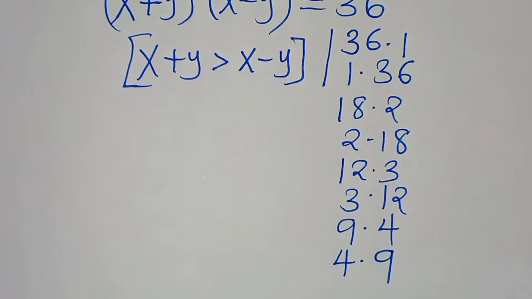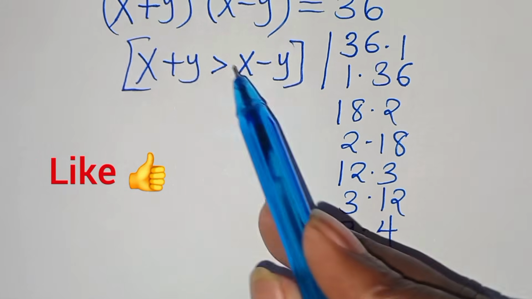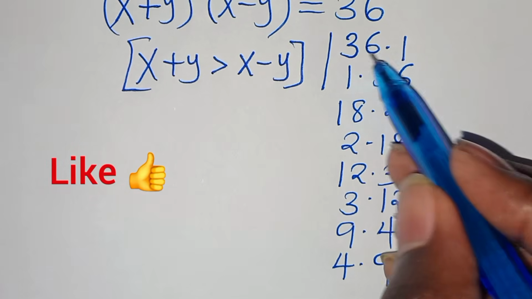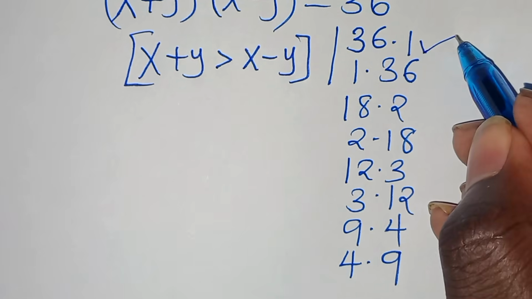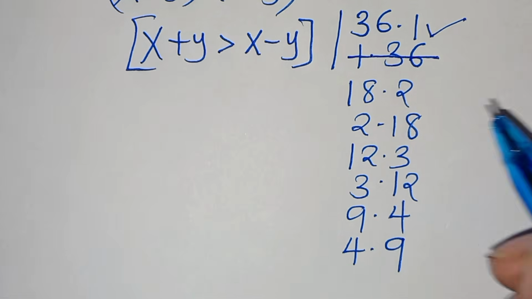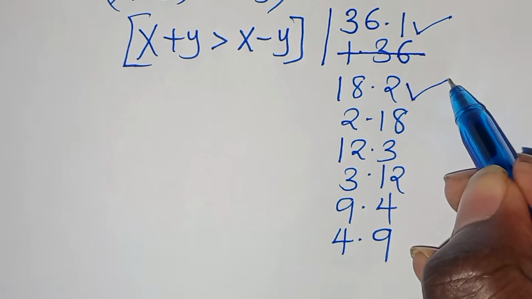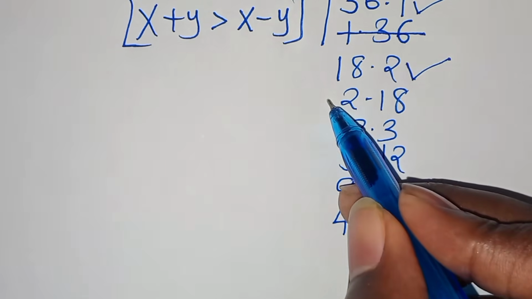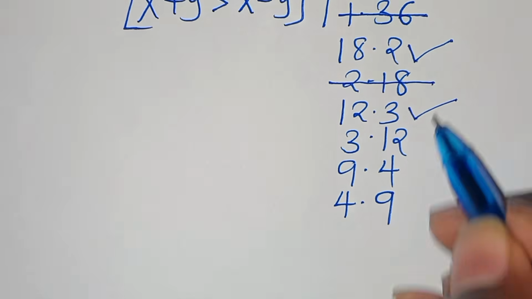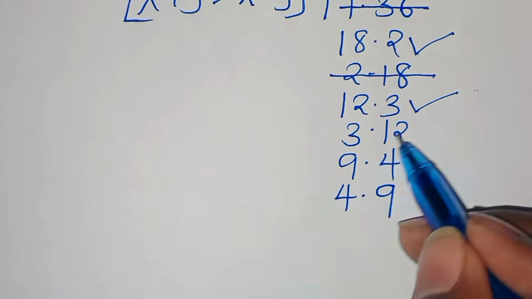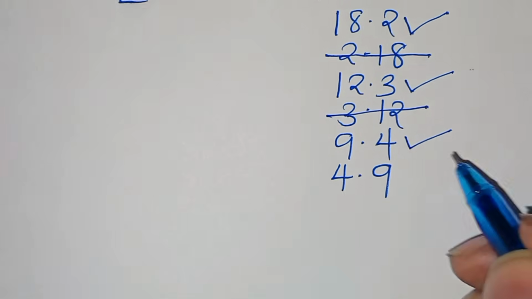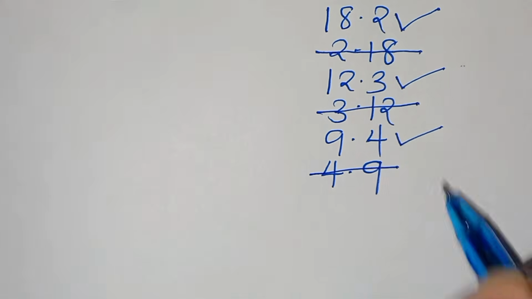Now, we have that x plus y is greater than x minus y. So this means that 36 here is greater than 1, so this satisfies the condition. 1 is less than 36, so this is rejected. 18 is greater than 2, this is accepted. 2 is less than 18, this is rejected. 12 is greater than 3, this is accepted. 3 is less than 12, so we reject this part. 9 is greater than 4, so this is accepted, and 4 is less than 9.